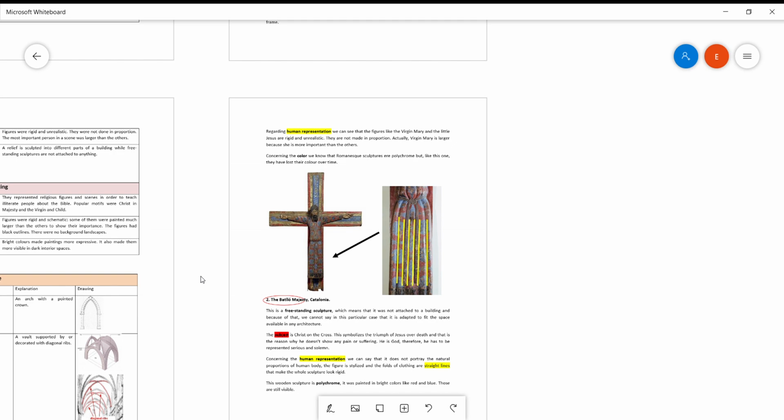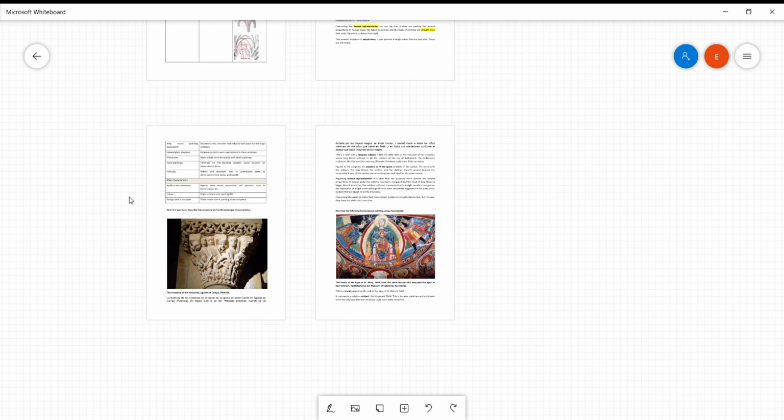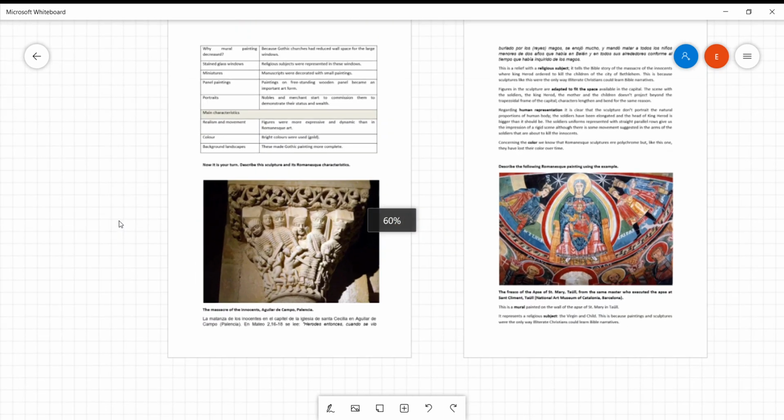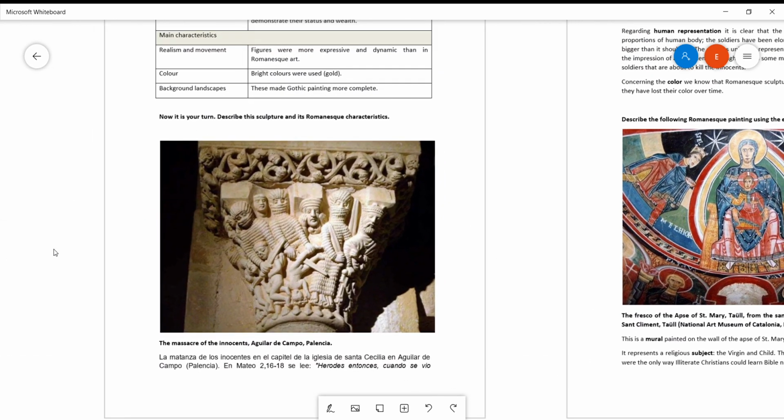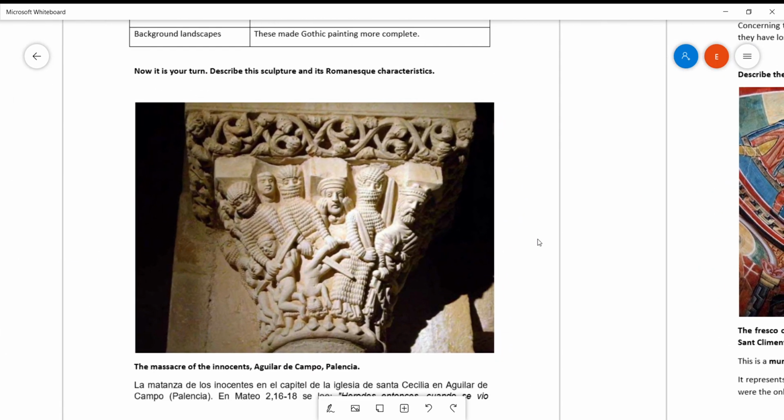Okay, let's see one example here because I want to explain something about this. If I ask you to describe this sculpture, for example, I don't want you just to tell me, okay, I know that you don't have to know a lot about the Bible stories, so you can tell me this is a religious subject.